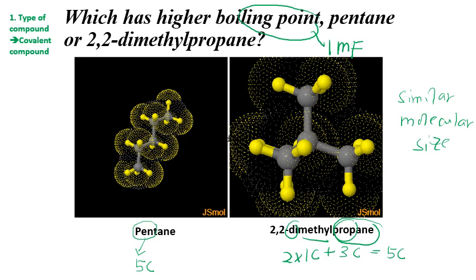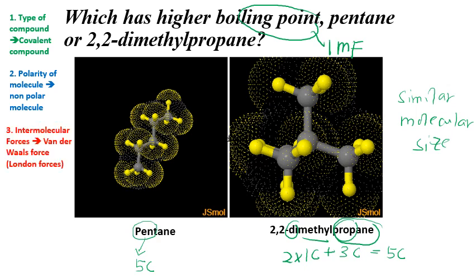After we know the type of compound, we need to know the polarity of the molecule. The electronegativity between carbon and hydrogen is very slightly different, so we consider the bond between carbon and hydrogen to be a nonpolar bond. Therefore, the whole molecules of pentane and 2,2-dimethylpropane are nonpolar molecules as well.